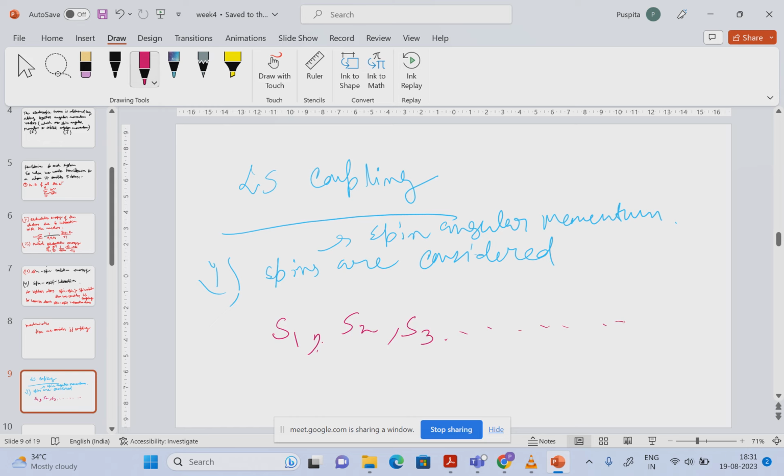So total S value can belong from minimum to maximum, whatever combination we can create by S1, S2, S3, plus and minus.